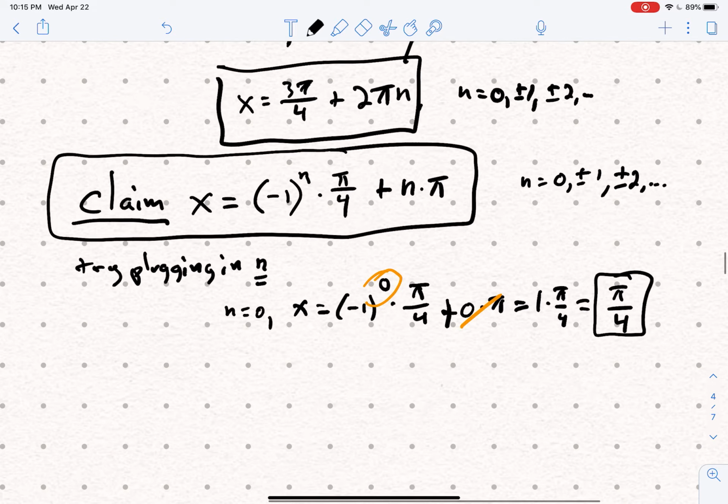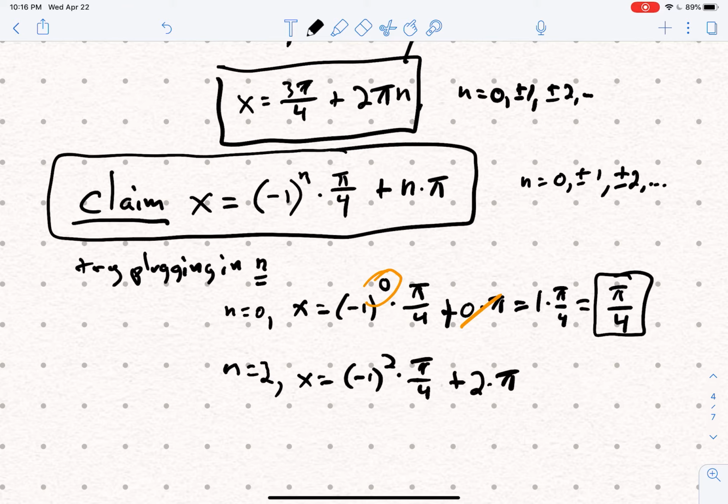Okay, how about when n is equal to, I'm going to do 2. I'm going to just do even numbers for now, although we want to try both even and odd numbers. Let's just do 2 for now. If n is equal to 2, then x is equal to minus 1 squared times pi over 4 plus 2 times pi.